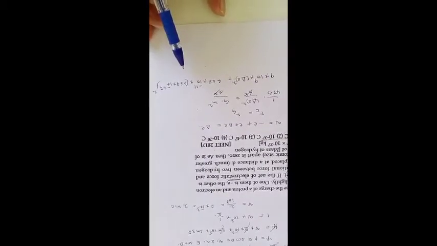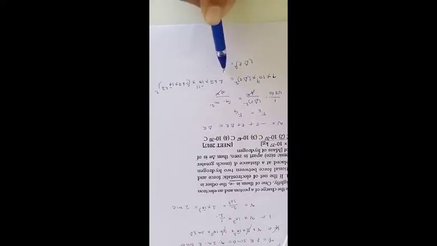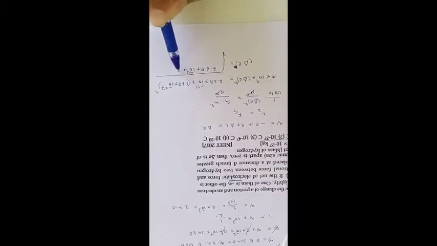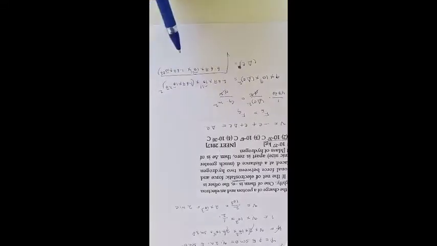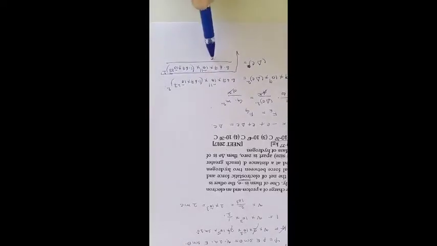Then delta E square, if we write directly, delta E is the square root of 6.67 × 10^-11 into (1.67 × 10^-27) whole square divided by 9 × 10^9.